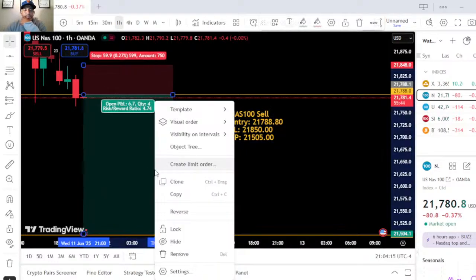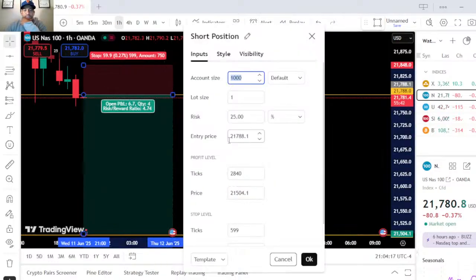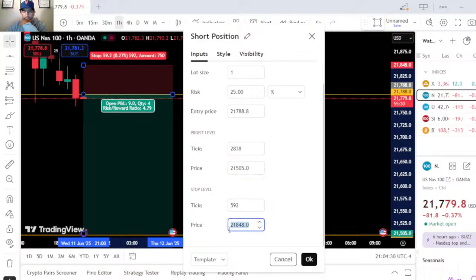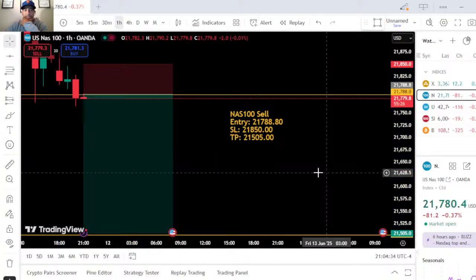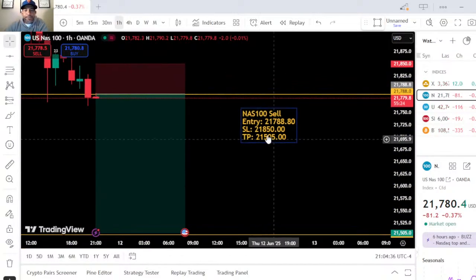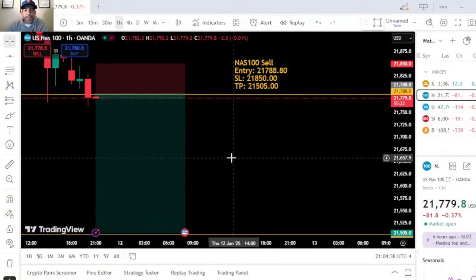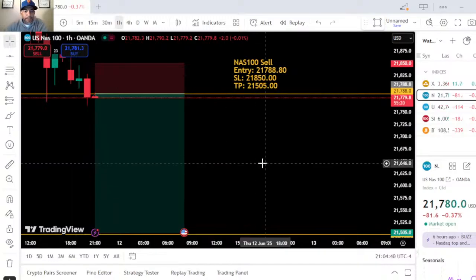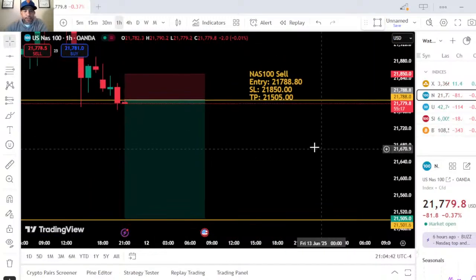All right, gang. We're good. We're set. That's our trade. That's my NAS trade right there on screen. You all can see it there.